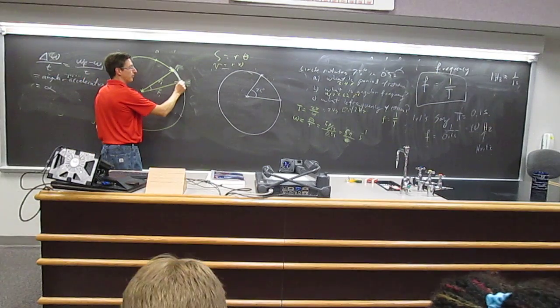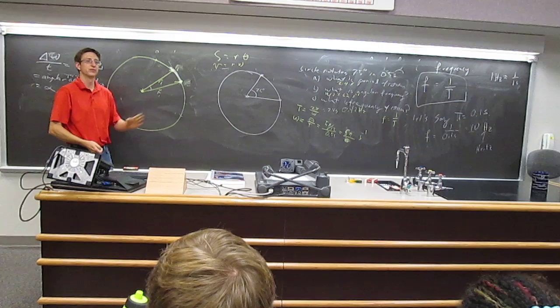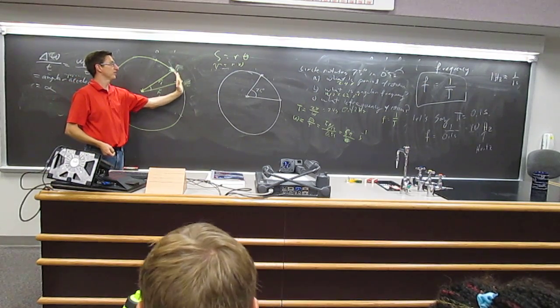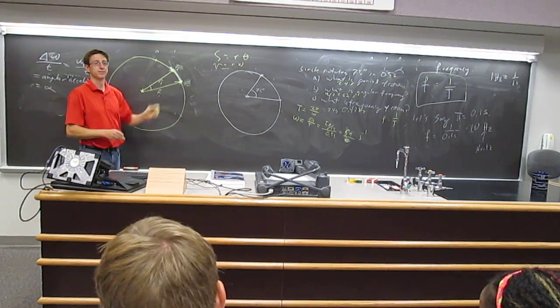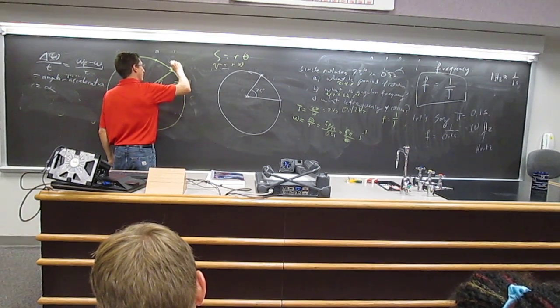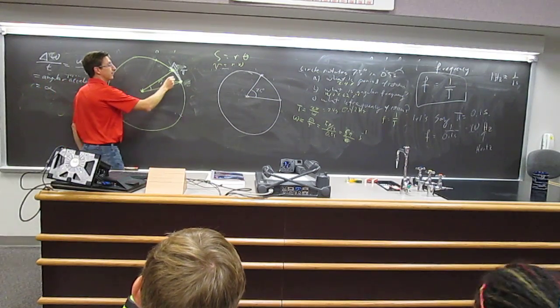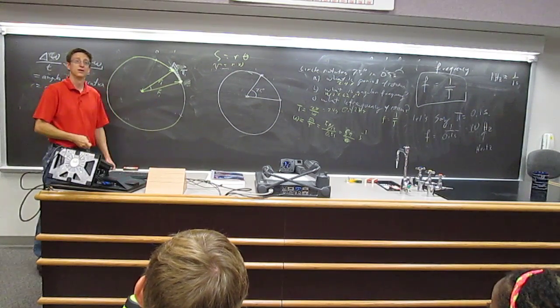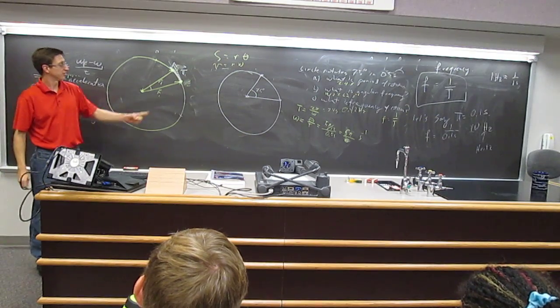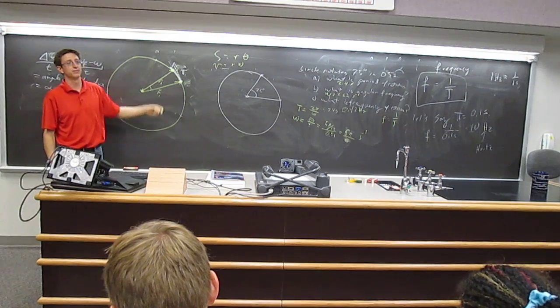Velocity is always going to be tangent to this circle. So what that means is that the velocity here will be like this, right? So if I were to draw it, I'd have a velocity vector here like this. I'm going to call that the initial.